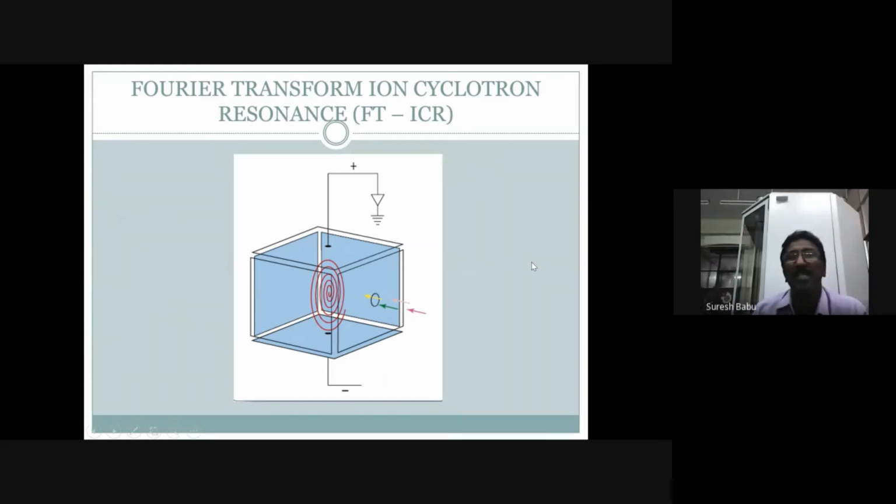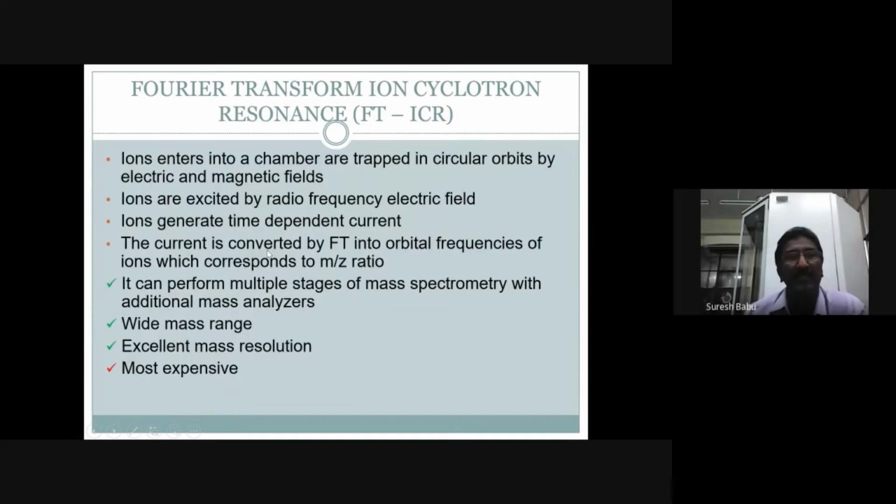Next is the Fourier transform ion cyclotron mass analyzer. Here the ions are trapped and subjected to a circular electric and magnetic field, and they are irradiated with RF frequency, and they produce current. A Fourier transform converts the current produced from the ions into mass, equivalent to the mass-to-charge ratio.